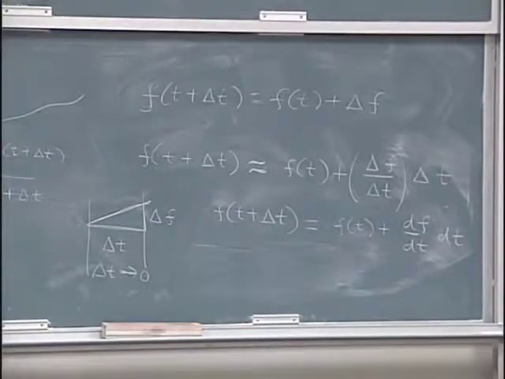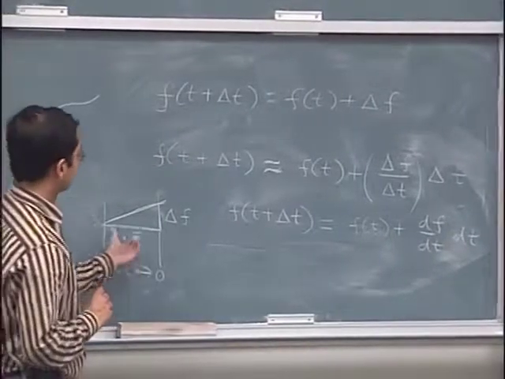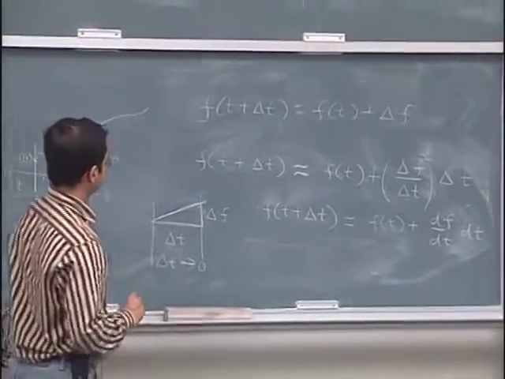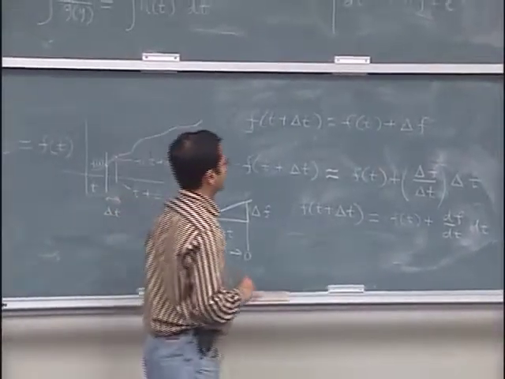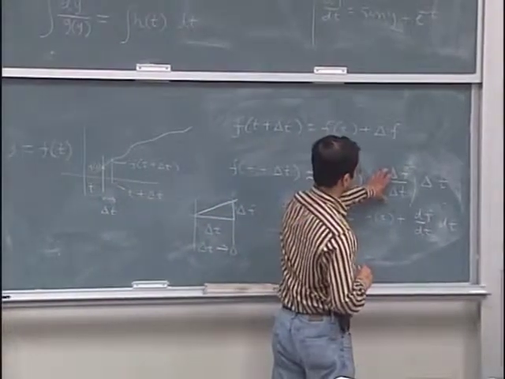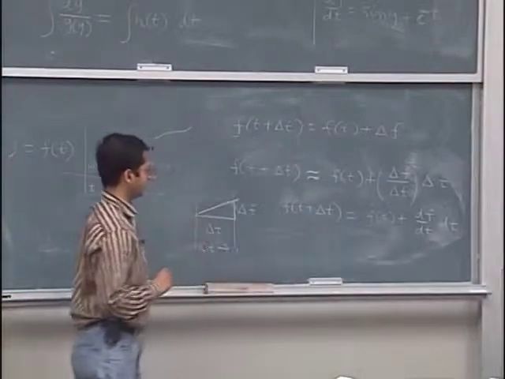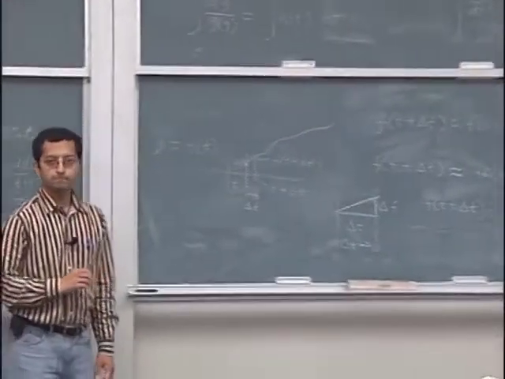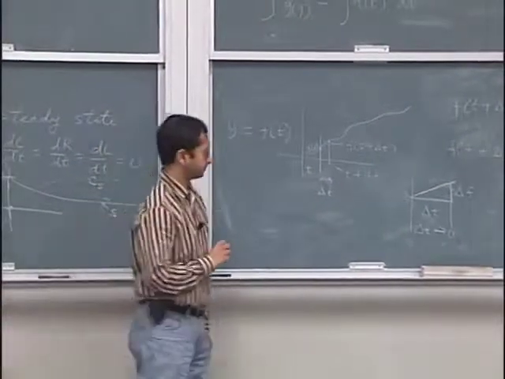Okay, so that's the idea. So you are choosing delta t really small, so you can approximate this delta f over delta t simply by df/dt, okay, by the derivative.